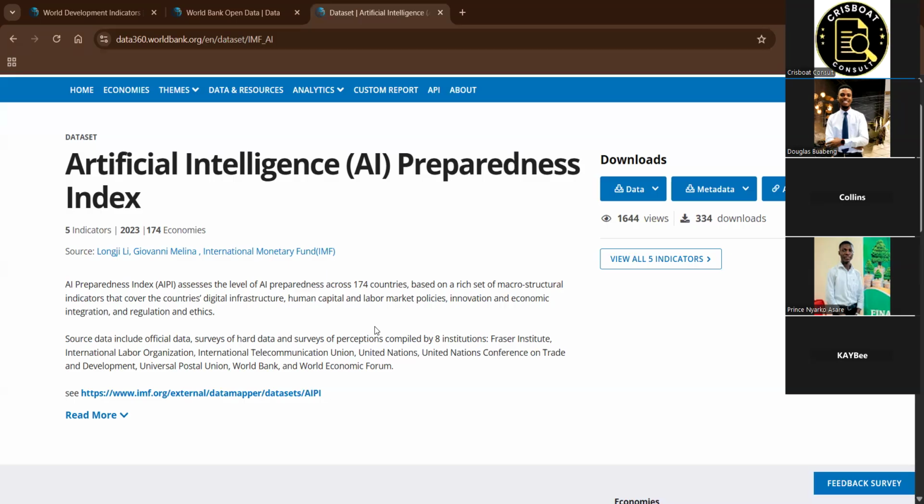So you can check how AI adoption or AI preparedness will influence institutional structures, and vice versa. You can also check how institutional quality will advance artificial intelligence adoption or preparedness.